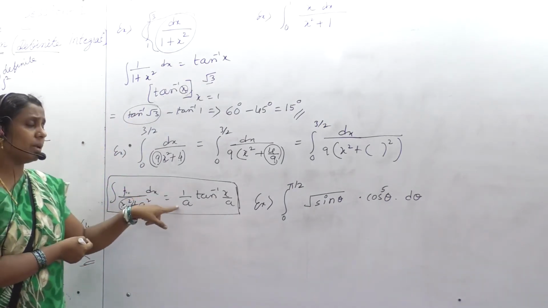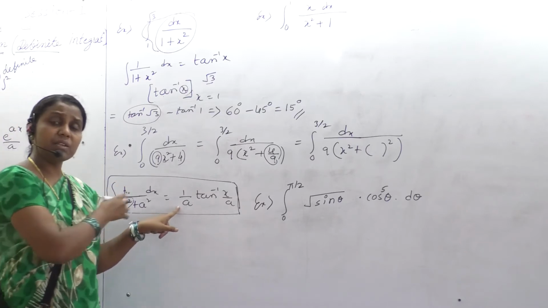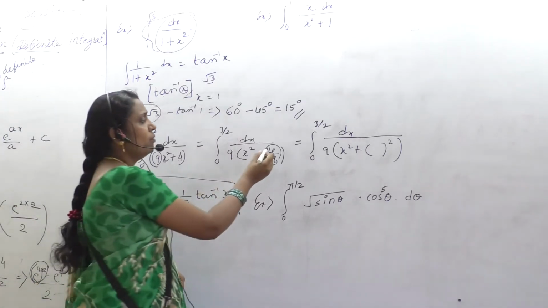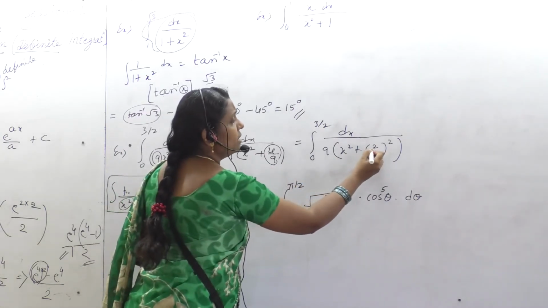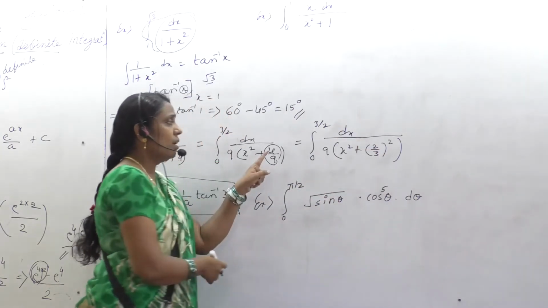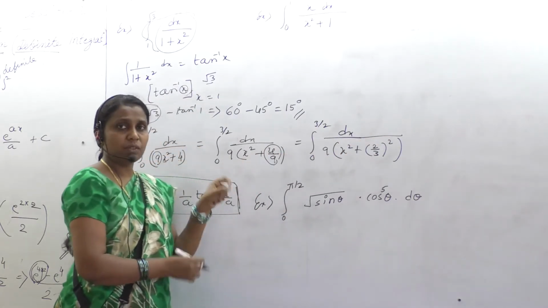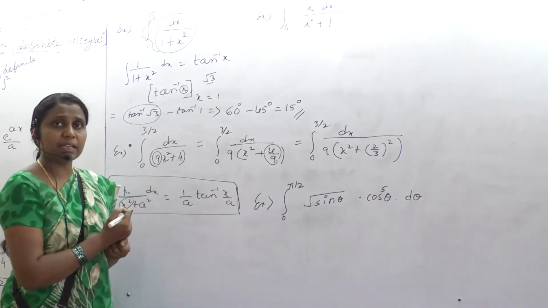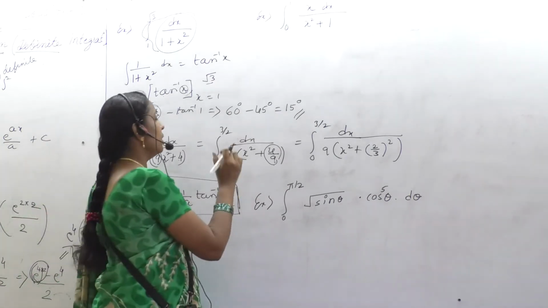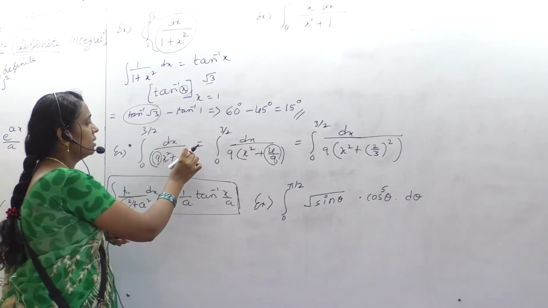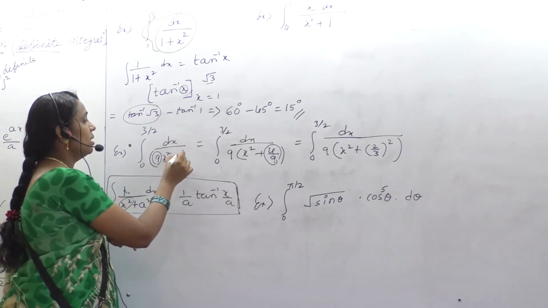Then only we will be applying this formula. Easily we can compare and make the answer. Okay. 4 by 9, the square means, can we say 2 by 3 the square? 2 square is 4, 3 square is 9. Here perfect square numbers are given. Suppose perfect squares are not there, for example, if it is 11.